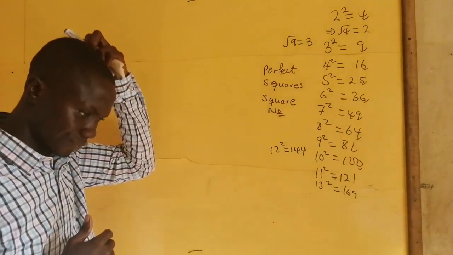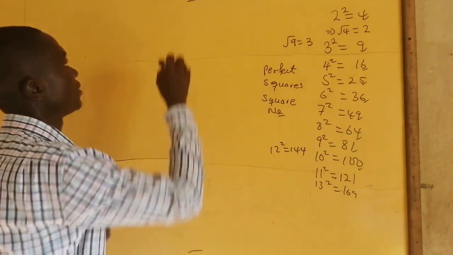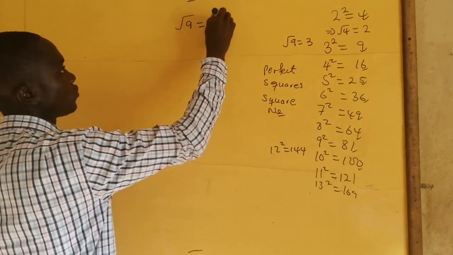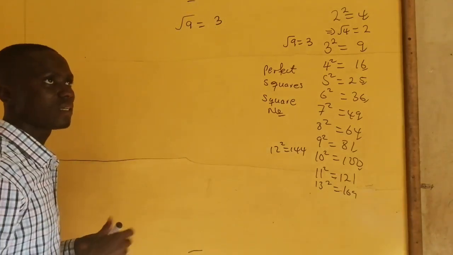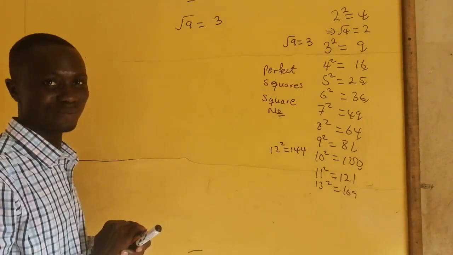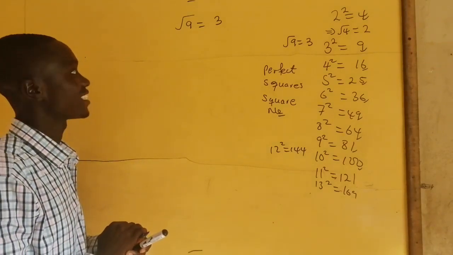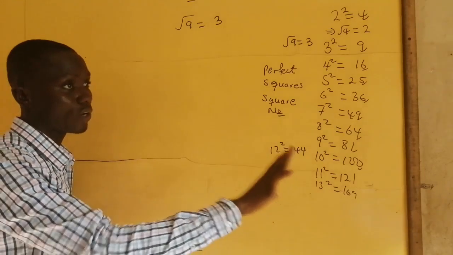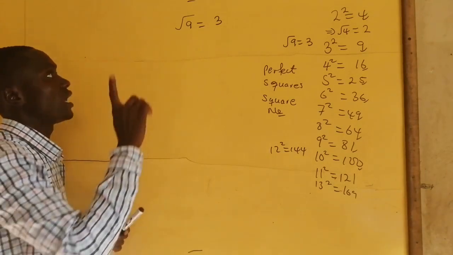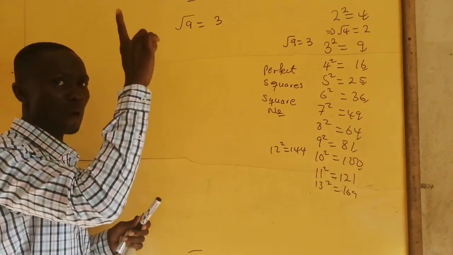So now, why is it that the square root of 9 is equal to 3? Remember, a square root is one of the 2 equal factors of a given number. We are not going to dive into that. Let's concentrate here on a small trick. We also know that square root means power half. Let's use that.